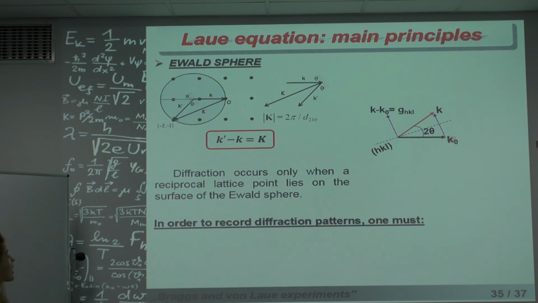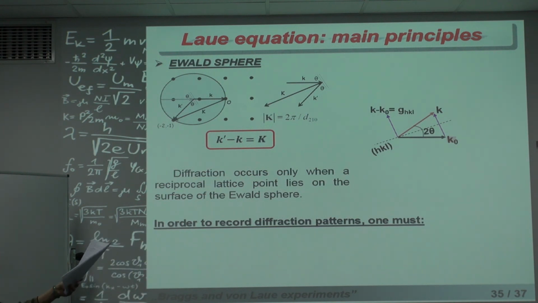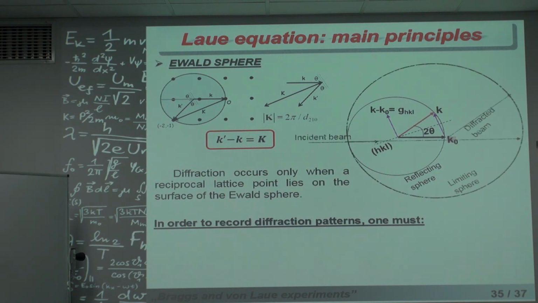Diffraction occurs only when a reciprocal lattice point lies on the surface of the Ewald sphere. So, once more, we have a triangle of incident and diffracted beam, hkl, our Miller indices plane. We have a reflecting sphere. That's how the Ewald sphere is built, actually.